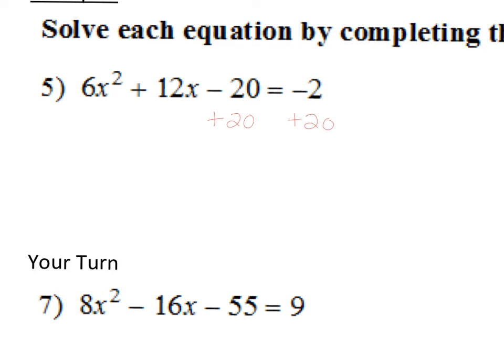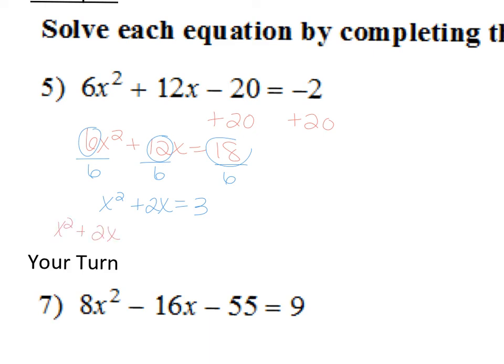So I have 6x squared plus 12x equals negative 2 plus 20, which is 18. Here's something crazy though. Between 6, 12, and 18, there's a common factor of 6. So I'm going to divide everything by 6, which then gives you x squared plus 2x equals 3.